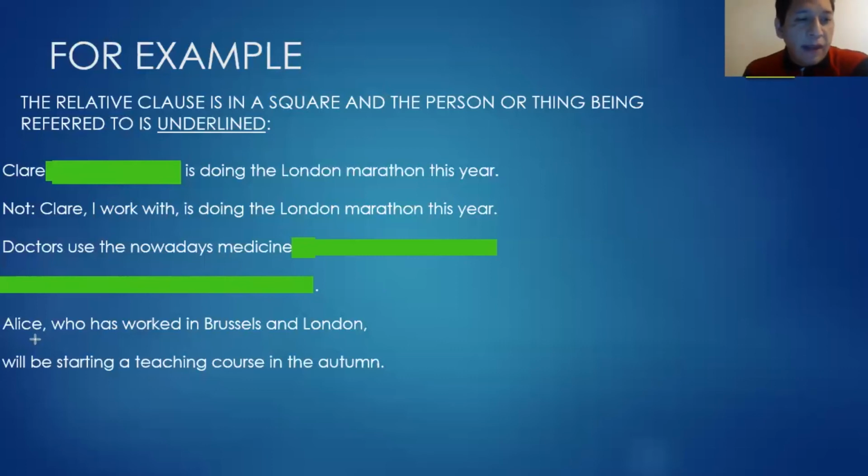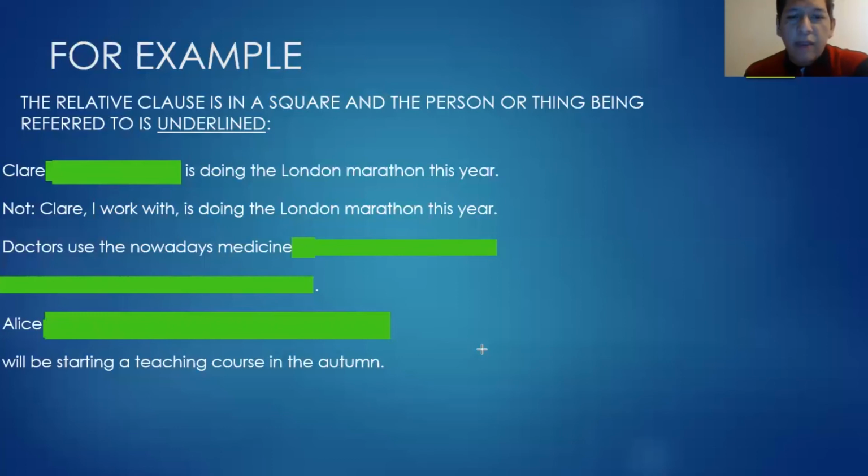Now, it says in the next part, Alice, who has worked in Brussels and London, will be starting a teaching course in the autumn. The same again. We say Alice, and we start erasing from this part. Alice will be starting a teaching course in the autumn. Is this a good sentence? Does it have logic? Is it real?